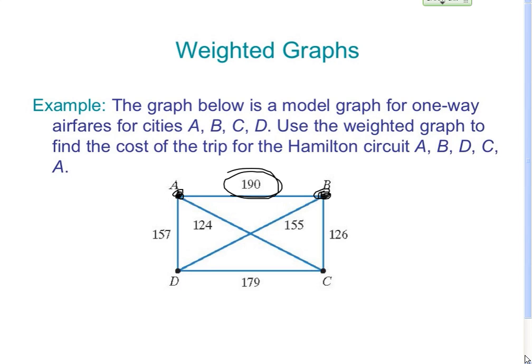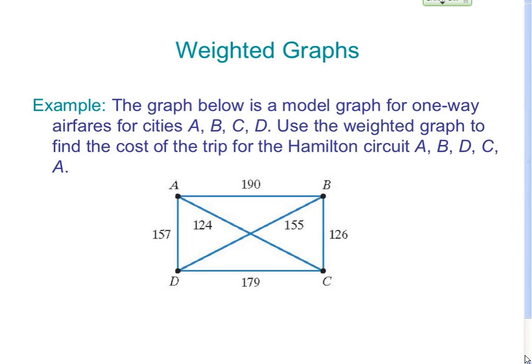Usually, weighted graphs are used to represent cost or mileage. So in this particular weighted graph, it indicates the cost of the trip. So it would cost $190 to go from vertex A to vertex B, or usually city A to city B. $126 to go from B to C, etc.